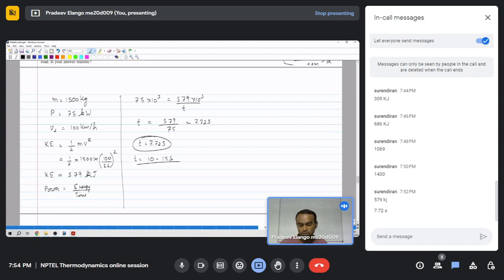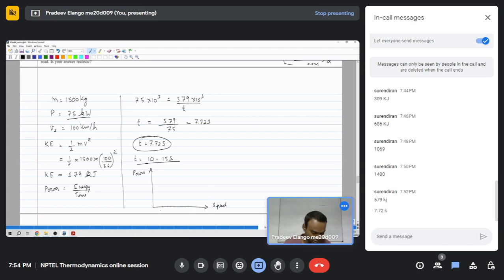And why it is so is, the engine will not be able to deliver 75 kilowatt at all times. There will be something like a power output of the engine versus the speed of the engine.